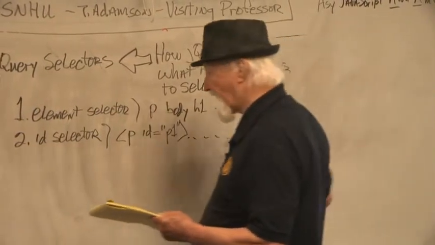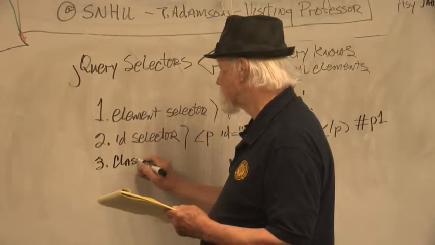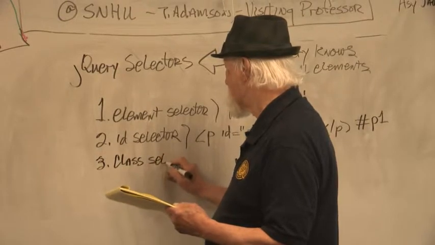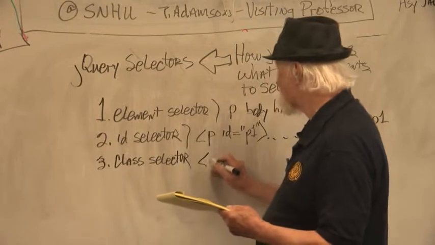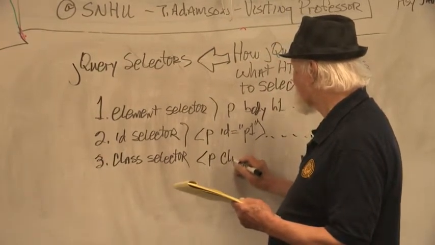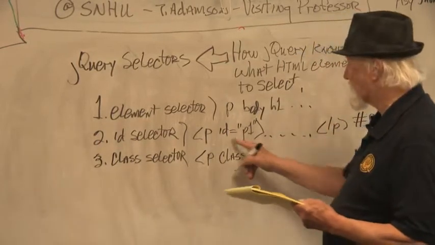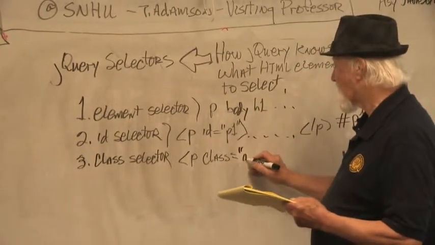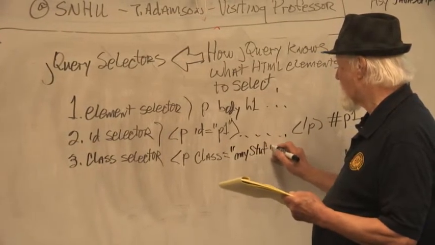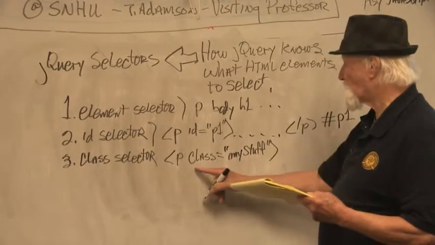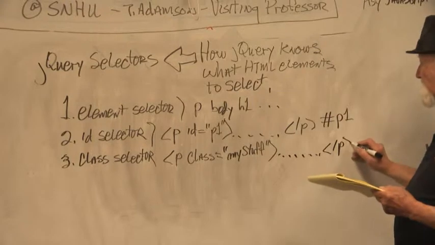The other thing I can have is a class selector. And if you recall, if I had a paragraph here, I would have class. This would be an attribute. Keep in mind, attributes are always name-value pairs. I could call it my stuff. And this would be in the opening paragraph tag. This would be any content I wanted. This would close it.